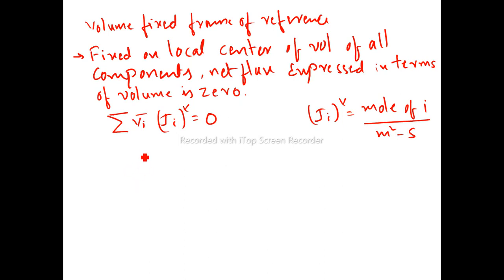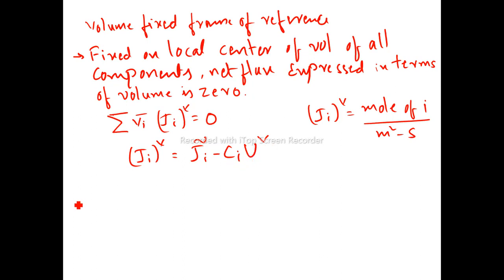Okay, let's start deriving the equations. First of all, from the previous slide we obtained this equation: the flux at a volume fixed frame of reference is equal to the flux at the laboratory fixed frame of reference minus concentration into velocity.